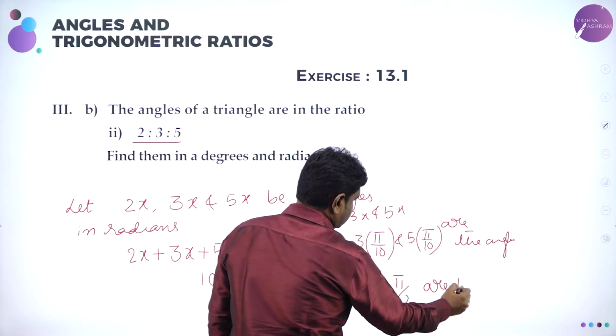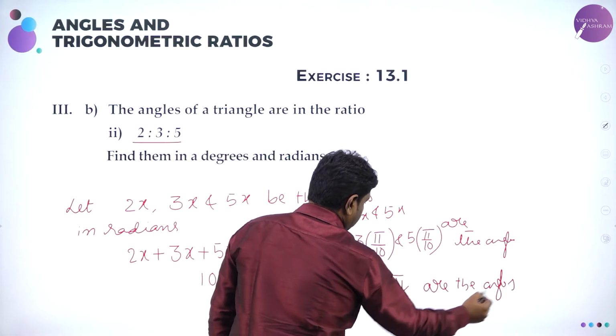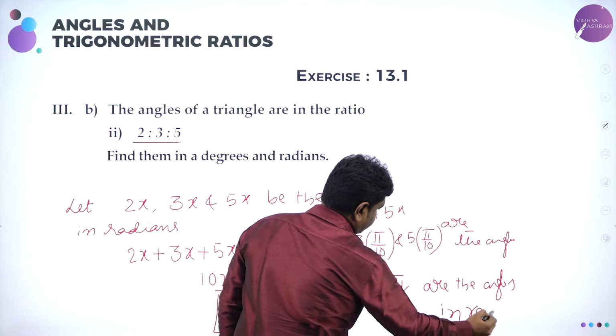These are the angles in radians after simplification.